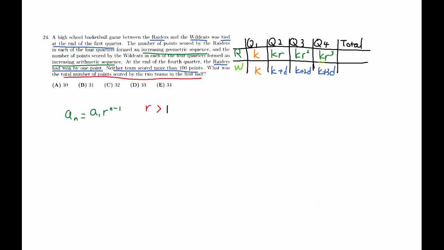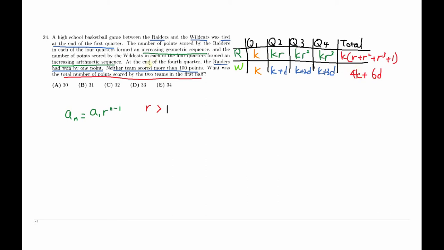When we add all these, the constant k can be pulled out. So I will have k times (1 plus r plus r squared plus r cubed), and don't forget to add the 1 there. And over here I'm going to get 4k plus 6d. So we have the total value for both.